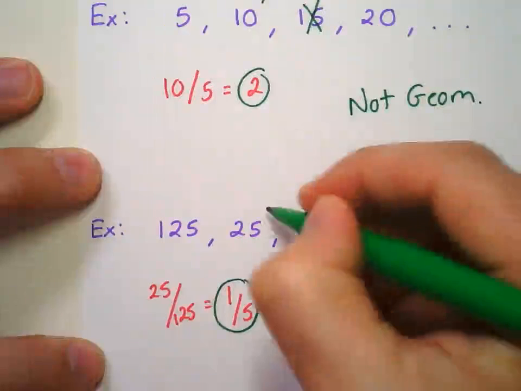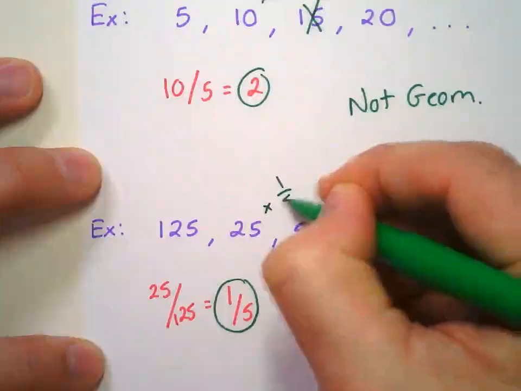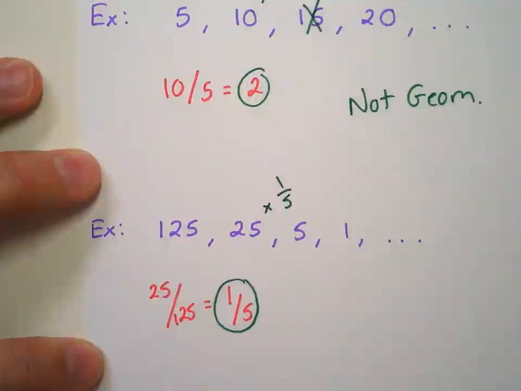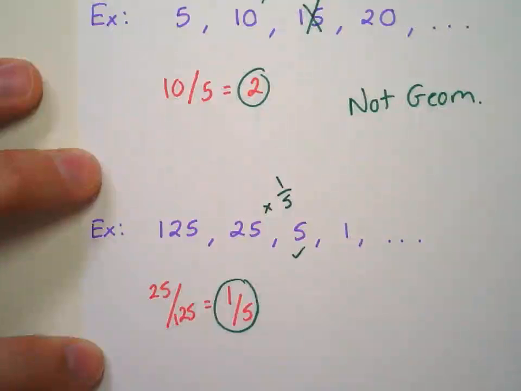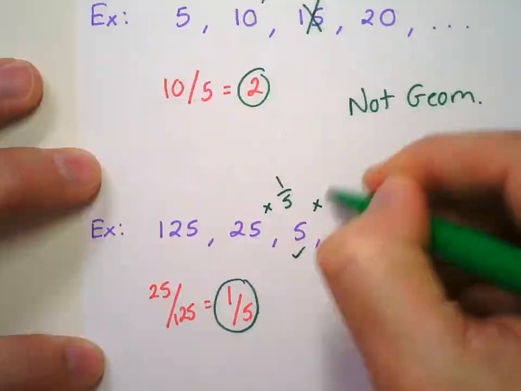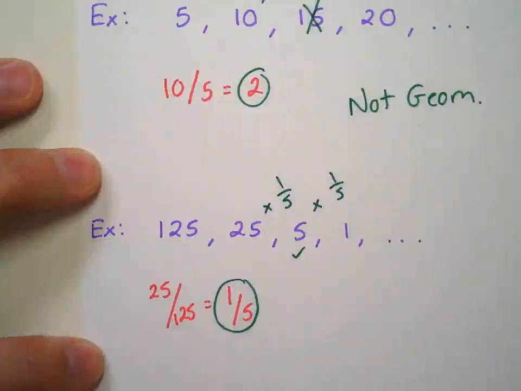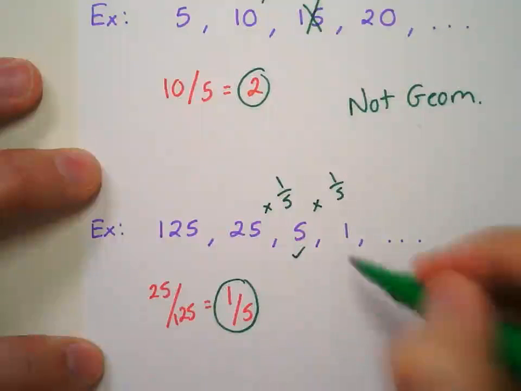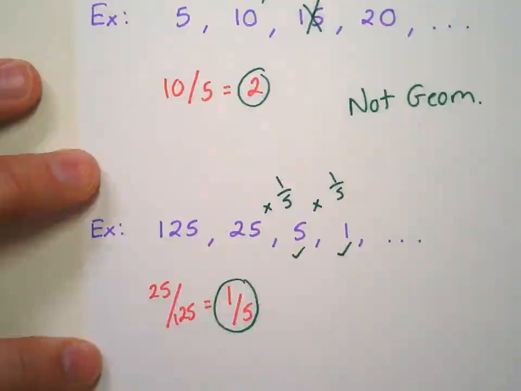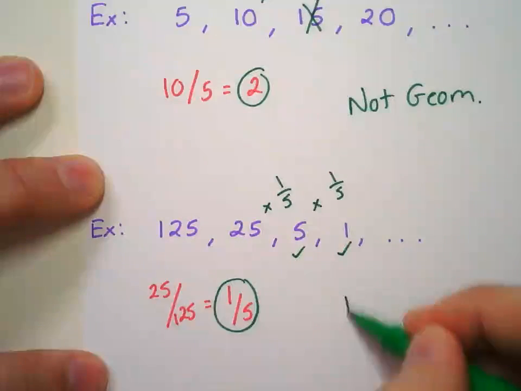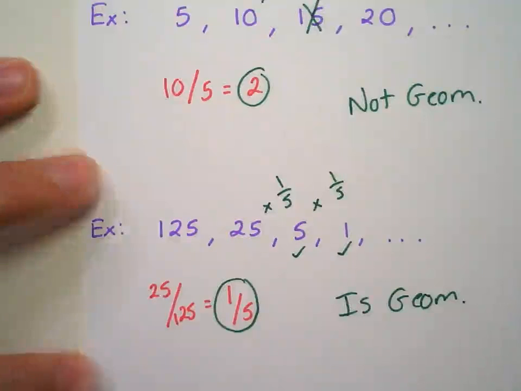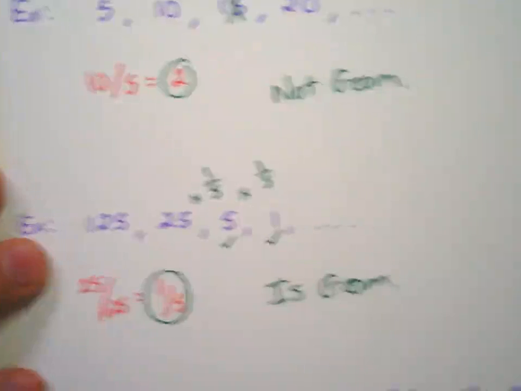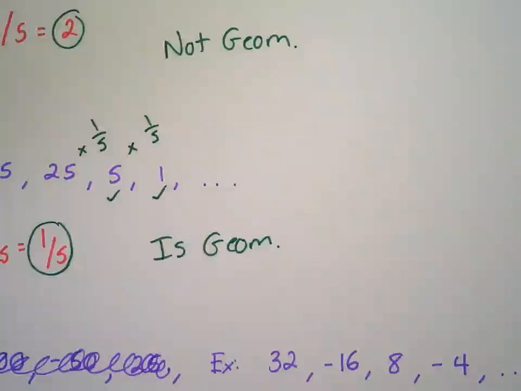So 25 times 1/5, again, you can use your calculator for this, is 5. Then you take that 5 and multiply it by 1/5. And 5 times 1/5 is 1. So that works, so that is geometric. It's okay if you get a fraction.